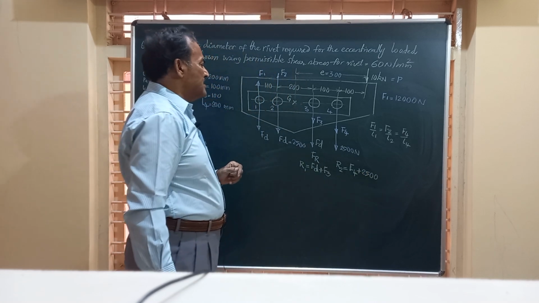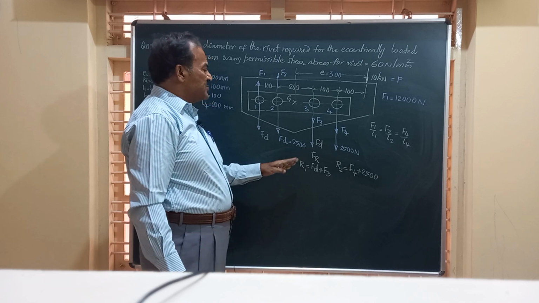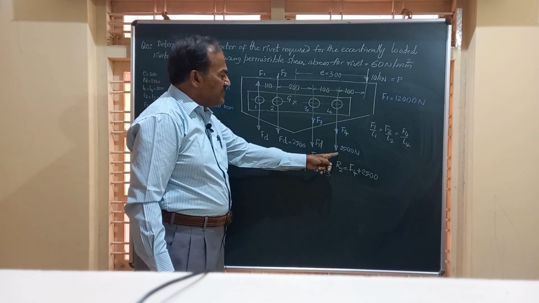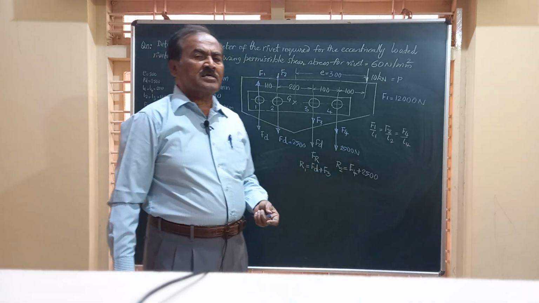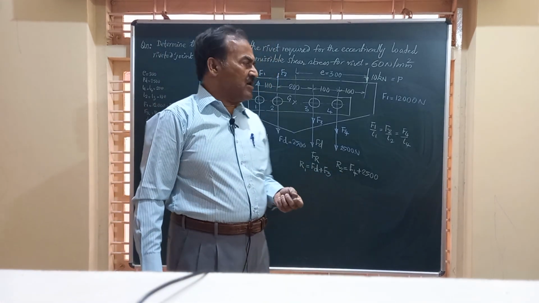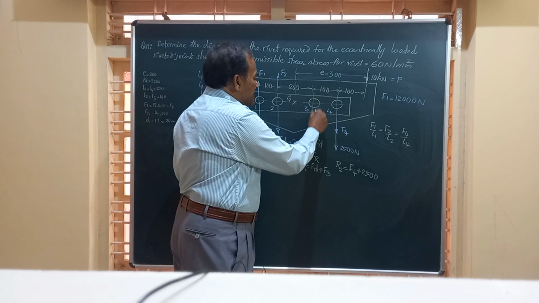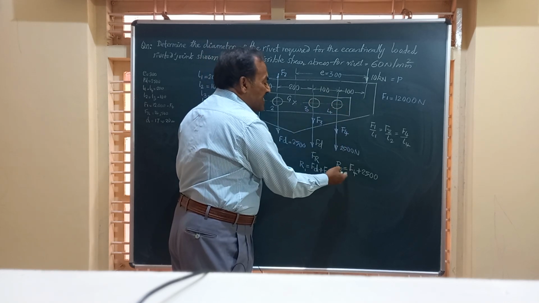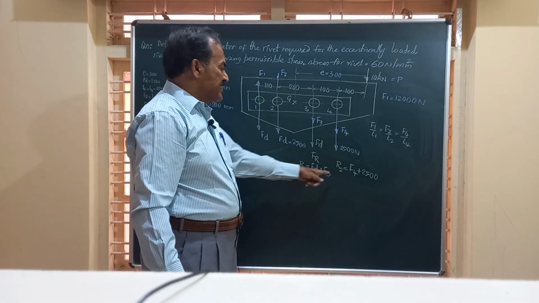So, friends, from this analysis you can see either rivet number 3 or rivet number 4 is critically loaded, because both the loads are acting in the same direction, and these two get added up to give the resultant.